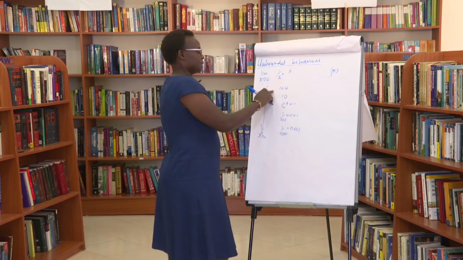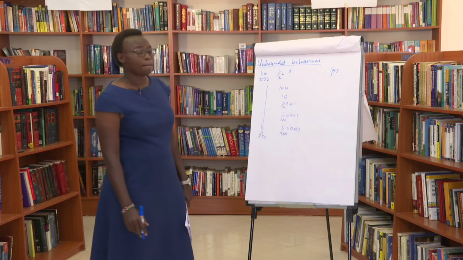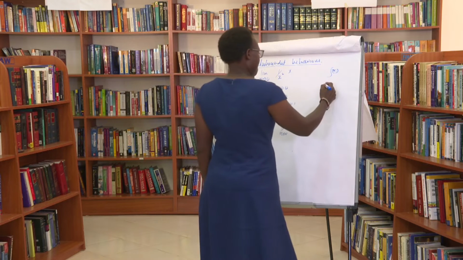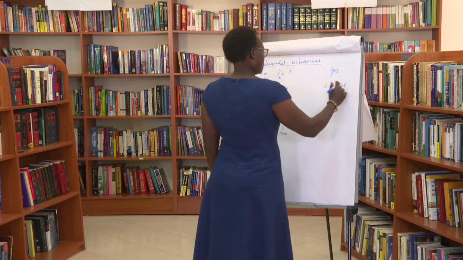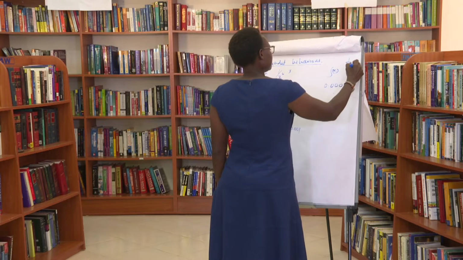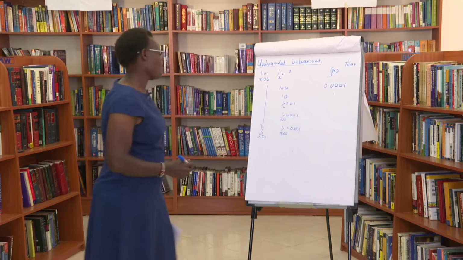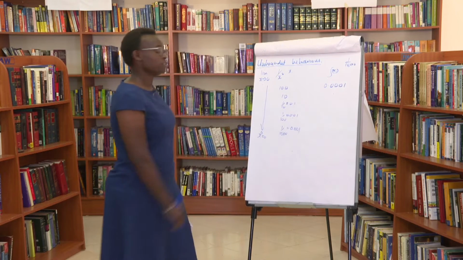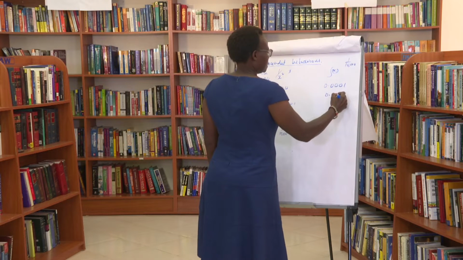So when x is 100, that would give us 1 over 10,000. And when x is 10, that will give us 1 over 100, which is 0.01.